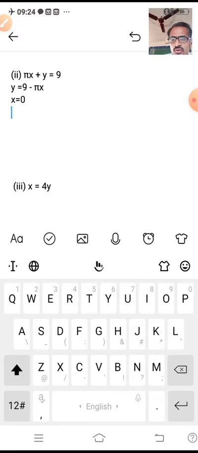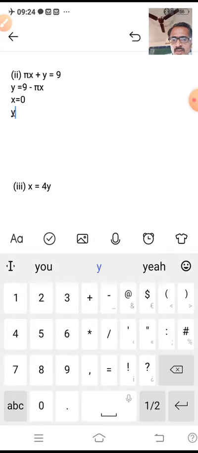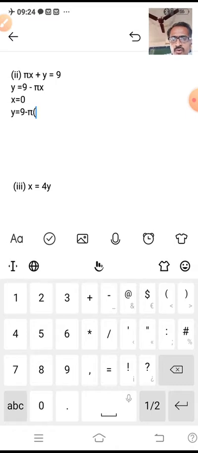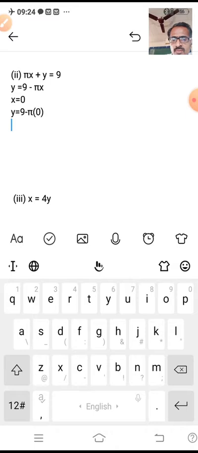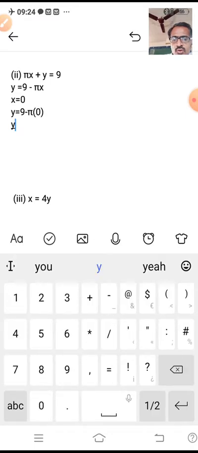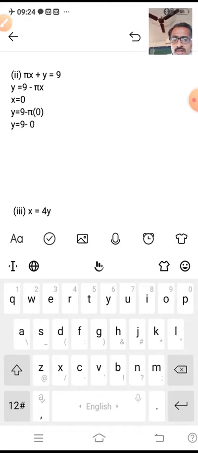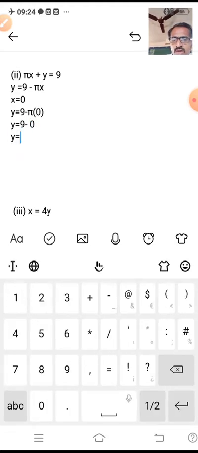If I take x equals 0, I will get y equals 9 minus pi times 0. So y equals 9 minus 0, which will be 9. So here we have the first solution. When I take x equals 0, I will get y equals 9.